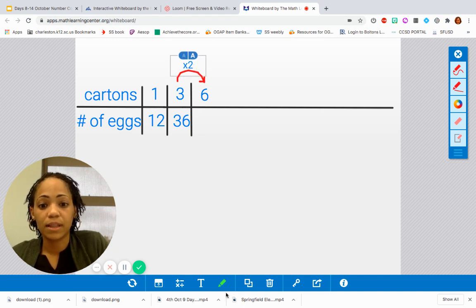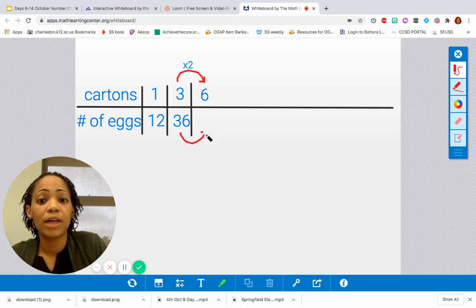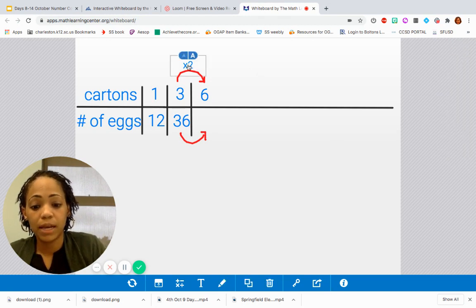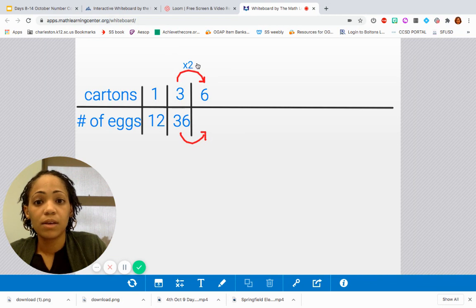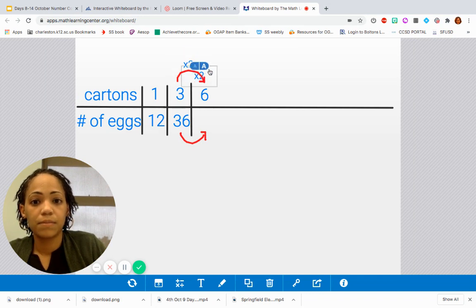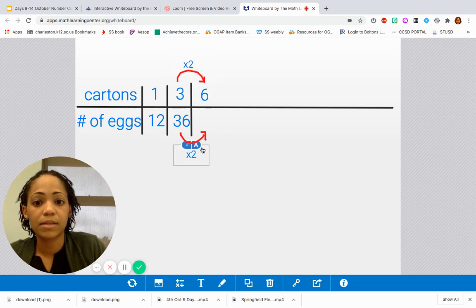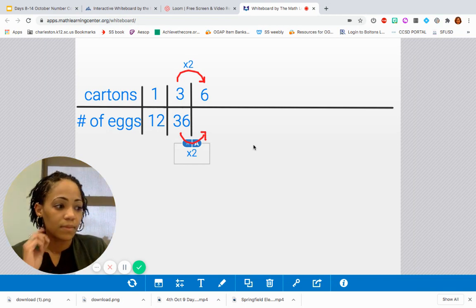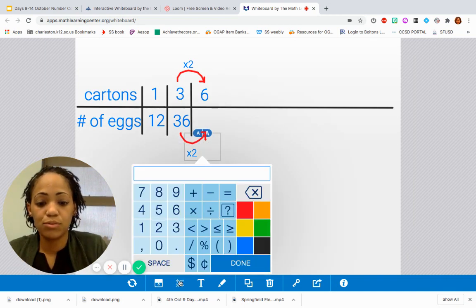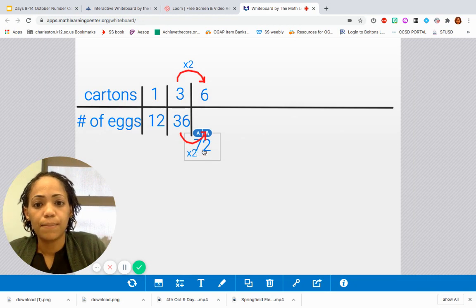And here's what that would look like. 36 times 2, and we know that our times 2s is that number doubled, right? Put that here, and 36 doubled is, right, 72. Good job. I'm going to add that here.